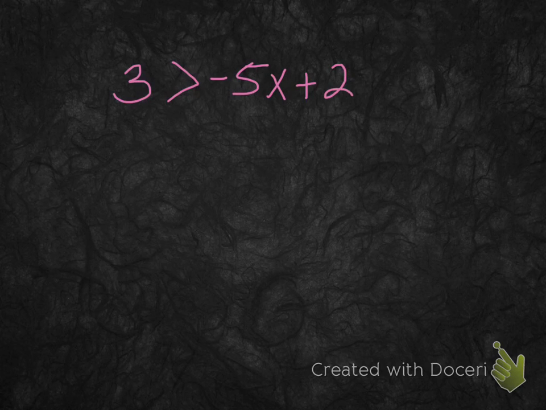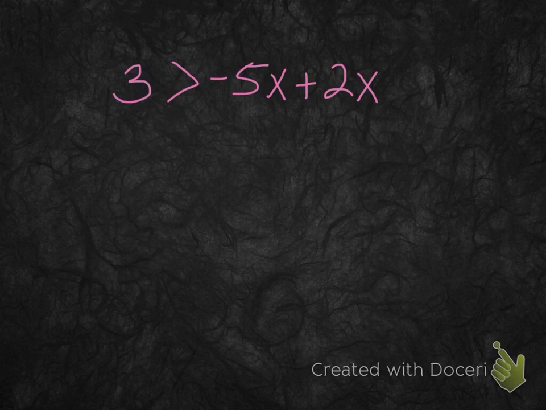Now, inequalities are extremely similar to equalities or equations in that they express a certain circumstance. So let me just write one down here. How about we say 3 is greater than negative 5x plus 2x.